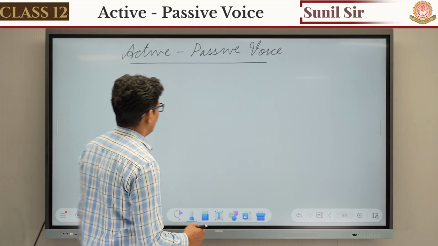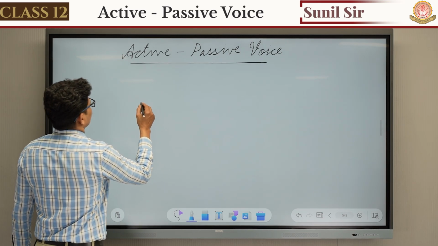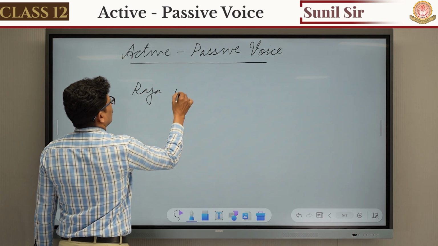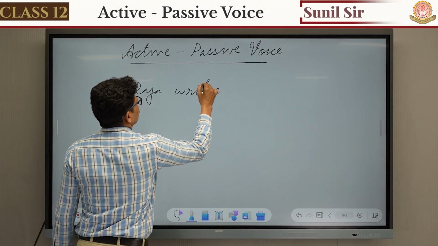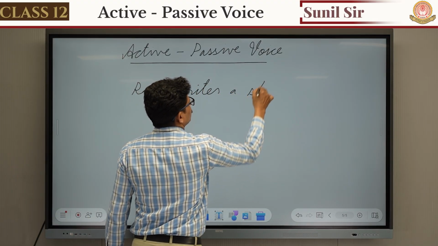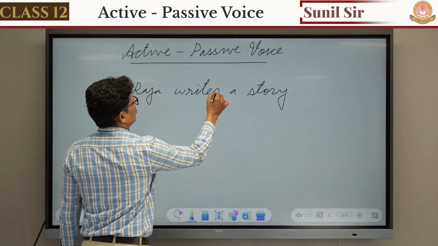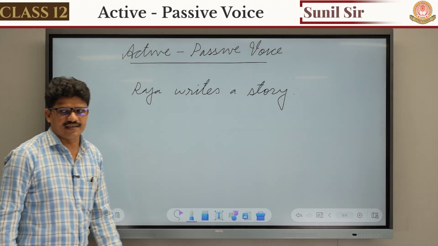Just see. For example, Raja writes a story. So this is an active voice sentence.